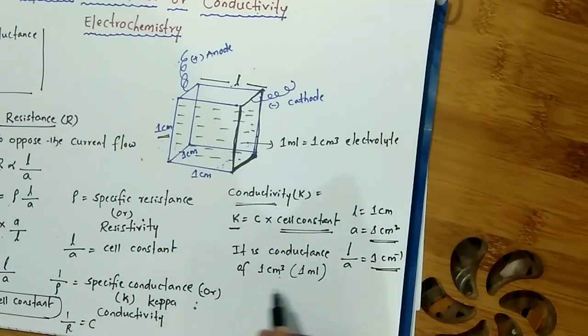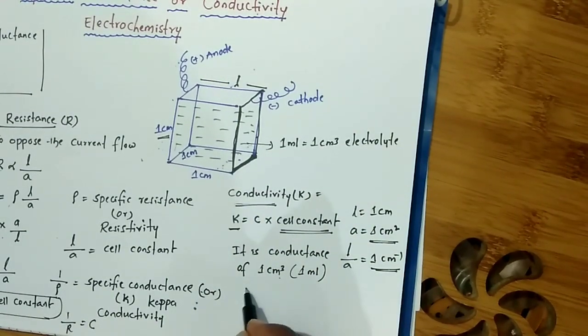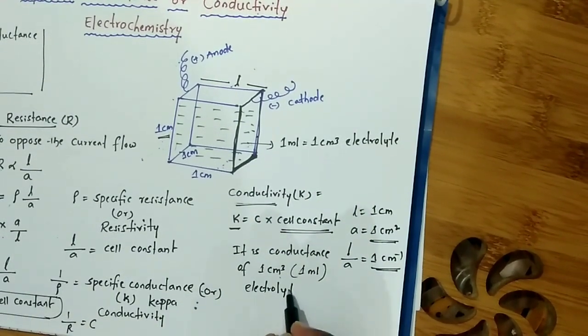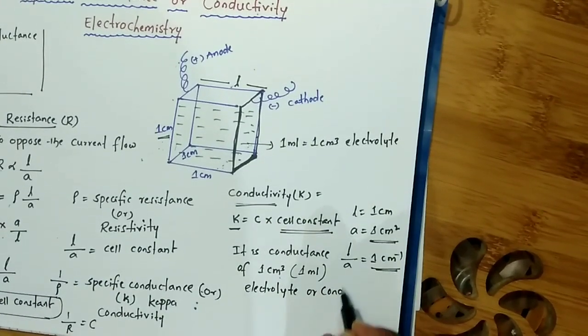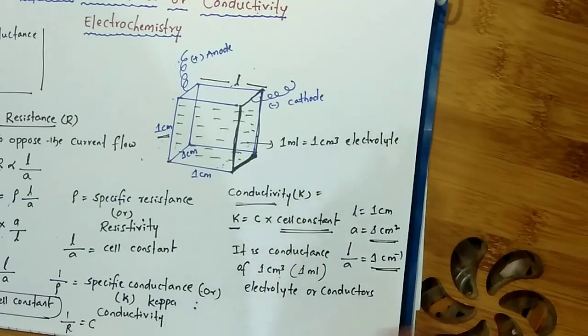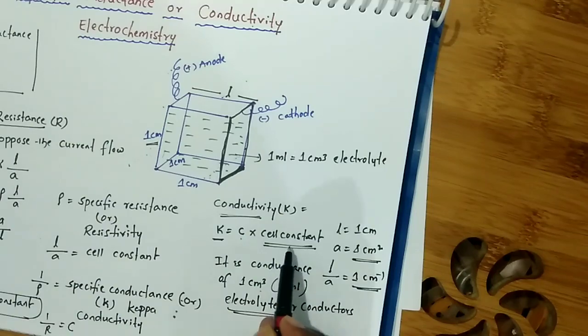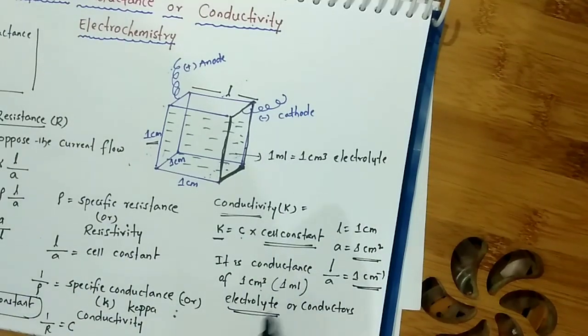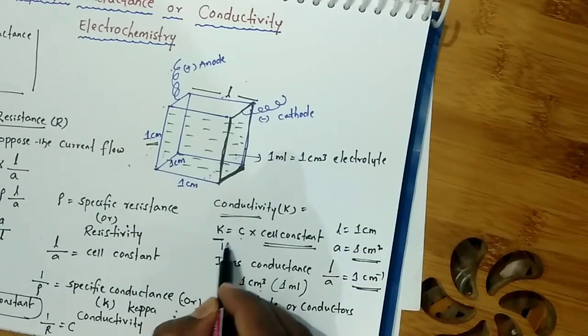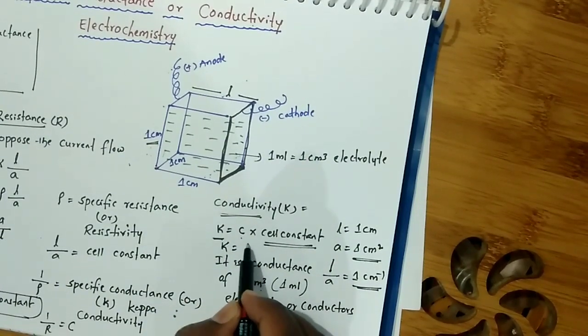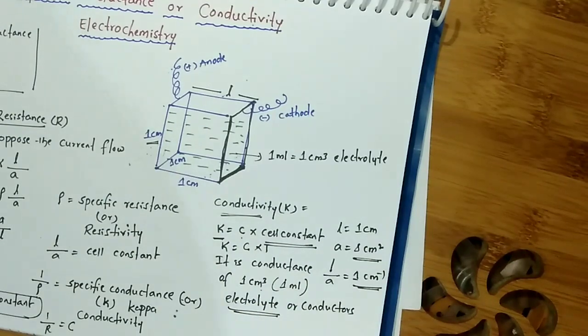So it is the conductance of 1 centimeter cube or 1 ml of electrolyte, generally electrolytes. Specific conductance equals C into 1.